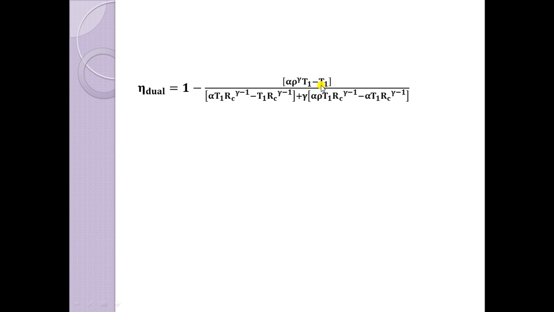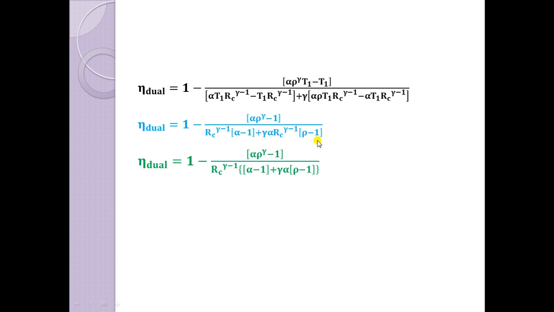In this expression, in the numerator as well as the denominator, we will take some common terms like T1 here, and here T1 Rc^(gamma minus 1), as well as the alpha term. After this we will get 1 minus alpha rho^gamma minus 1 over Rc^(gamma minus 1) into alpha minus 1 plus rho into gamma into Rc^(gamma minus 1) into rho minus 1.